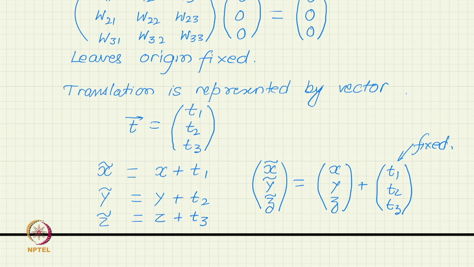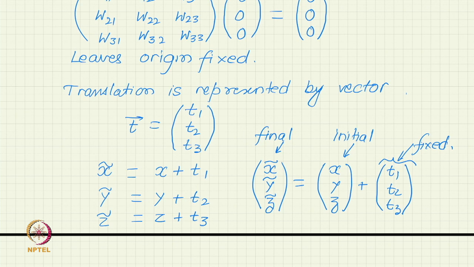But for translation, irrespective of what x y z I put, the translation component is not depending upon the point on which you are applying. So, this is the initial point or initial vector, this is the final point and this is a fixed vector.